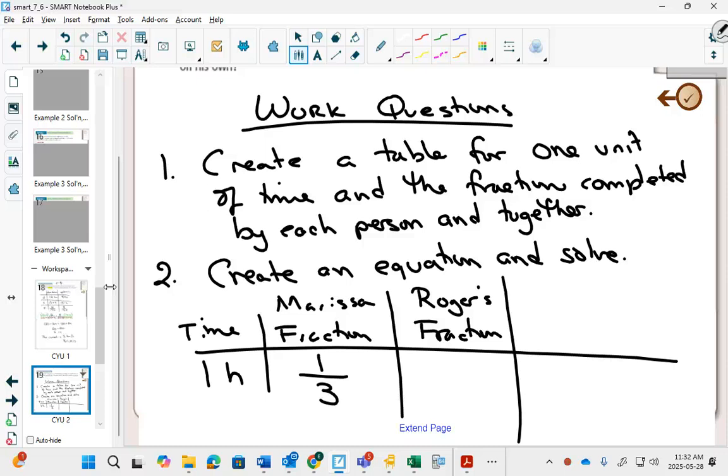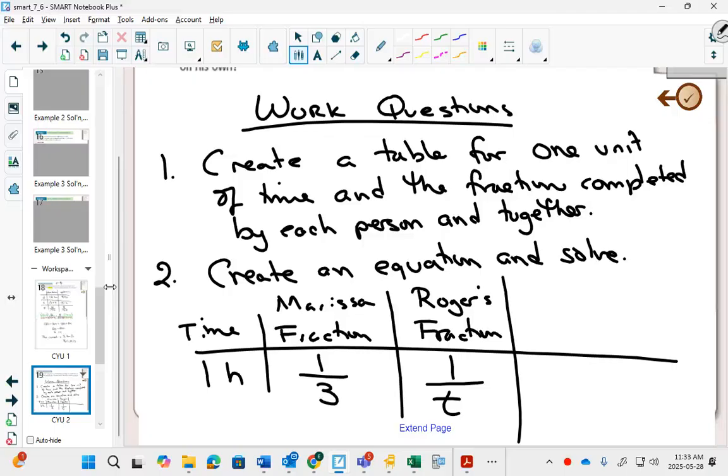This is where we're going to introduce our variable. And for time, often we use the variable t. So if it took Roger 7 hours, he would get 1/7 done. If it took him 5 hours, he would get 1/5 done. If it takes him t hours, it's going to be 1/t is how much he's going to get done in 1 hour.